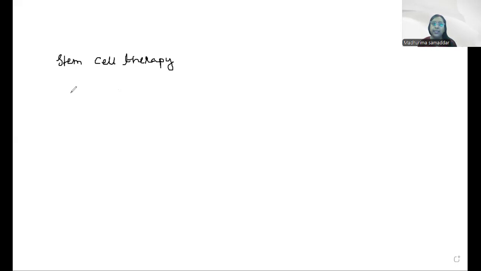Stem cells are the cells that have the ability to divide into any type of cell. Okay. That means stem cell can divide into a blood cell, it can divide into nerve cell, muscle cell, cardiac cell, any type of cell according to the requirement.